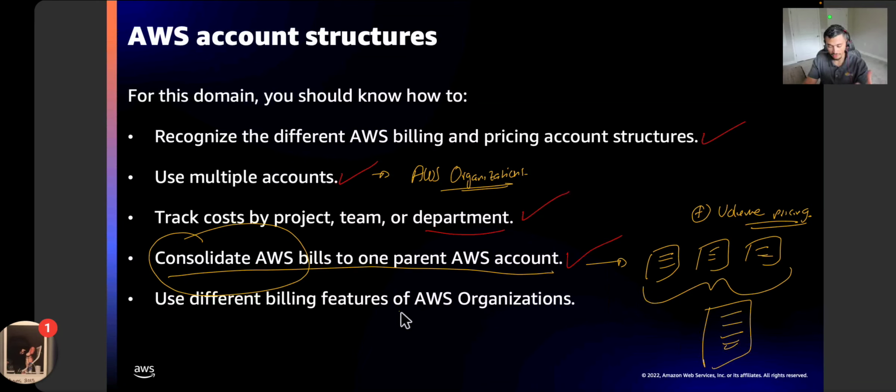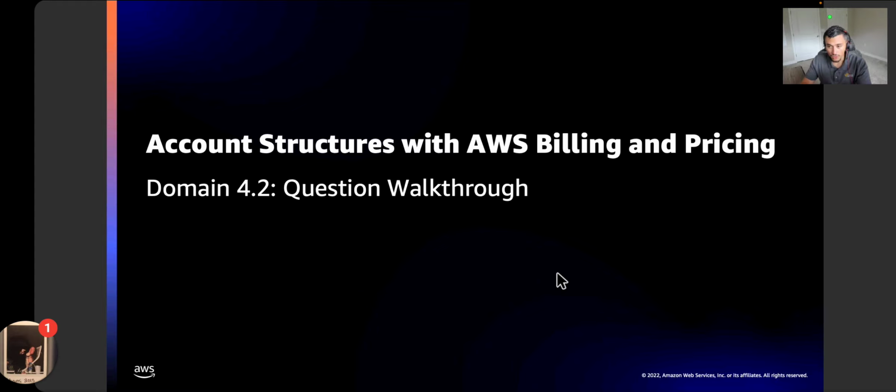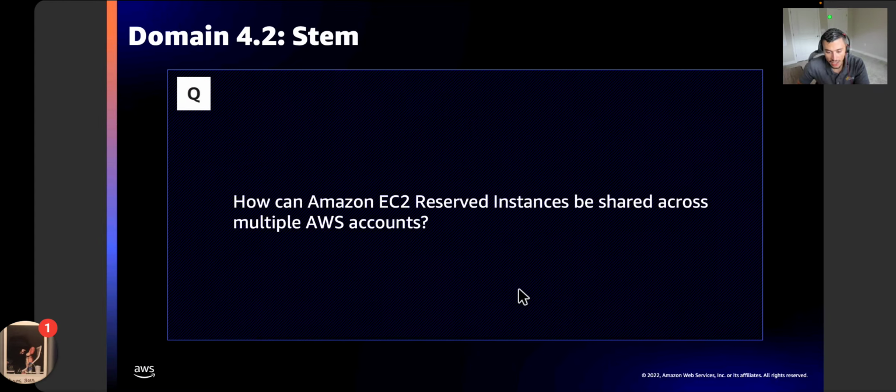Okay, yeah. So different billing features like volume pricing and so on, right? So with that said, going through a question here, how can Amazon EC2 reserved instances be shared across multiple accounts? So this is something we didn't specifically talk about, but I'm hoping that you can infer the answer.